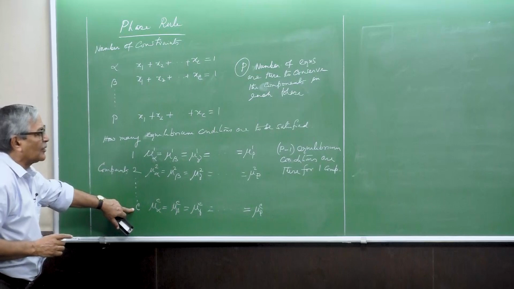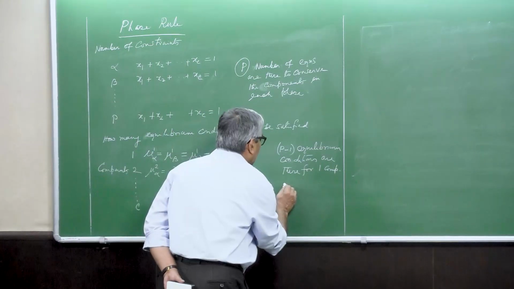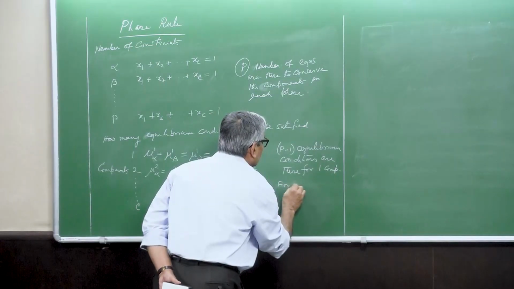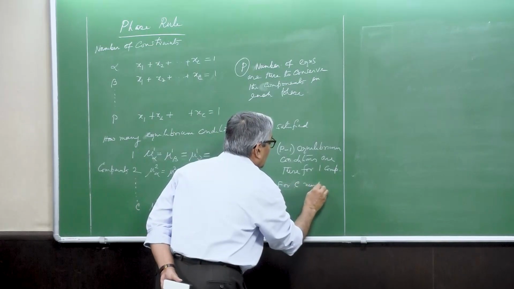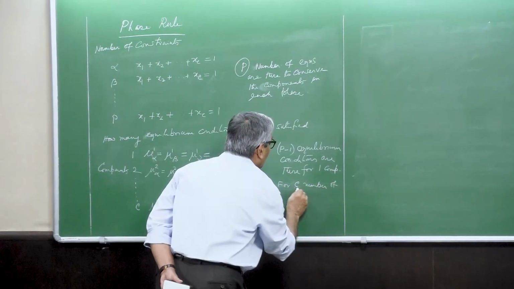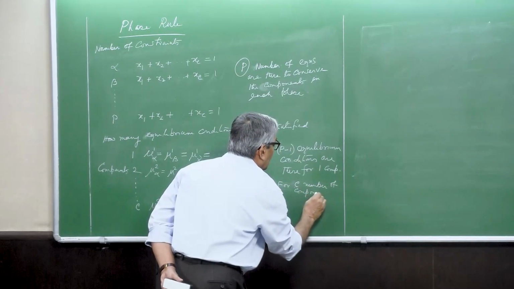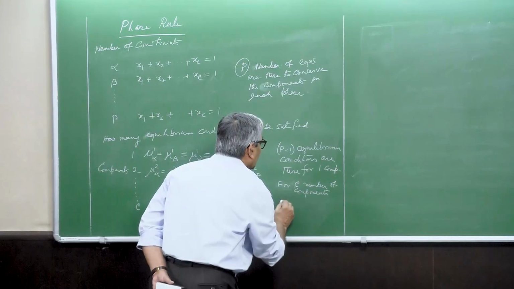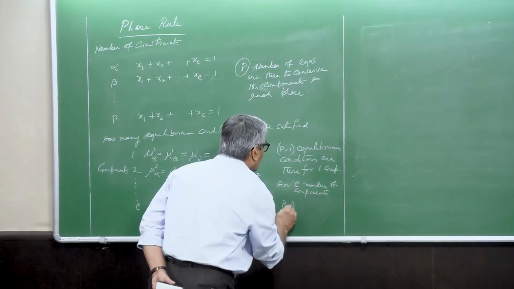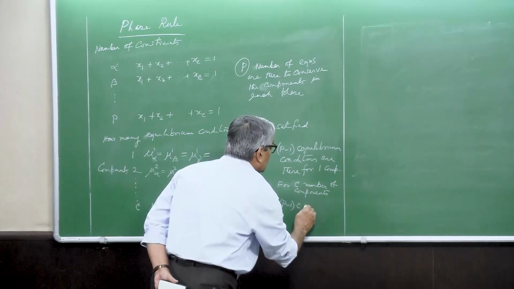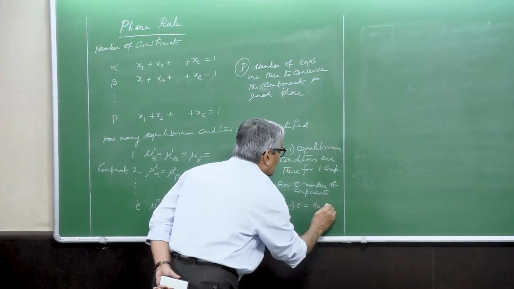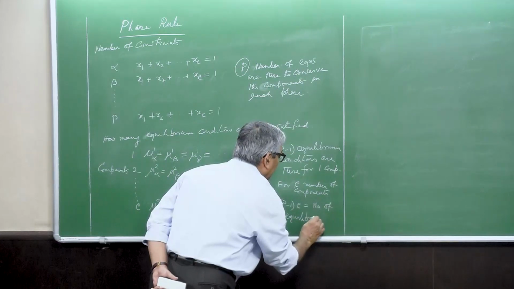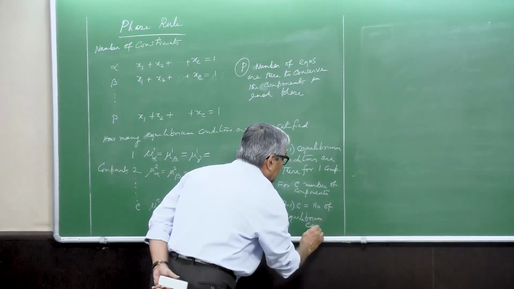I have C number of components. So P minus 1 into C is equal to the number of equilibrium conditions.